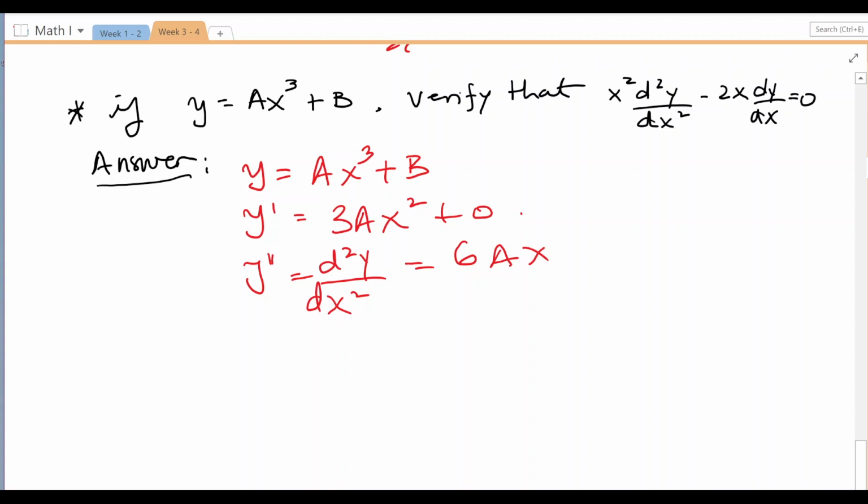So plug it into this equation. We call this equation 1, and this could be called equation 2. Plug this into the main equation.